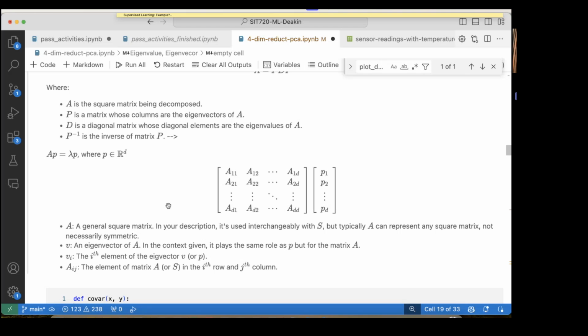Let me think about it. You say the scale of both lambda and p. Oh yeah.